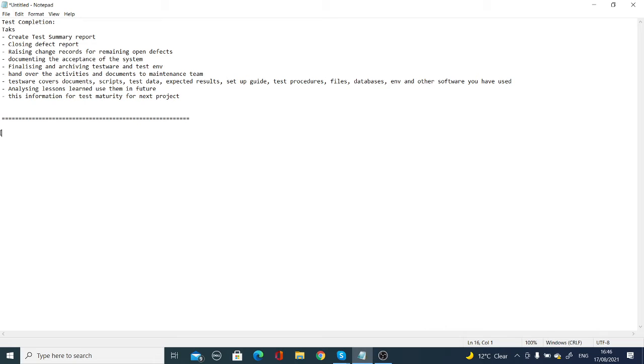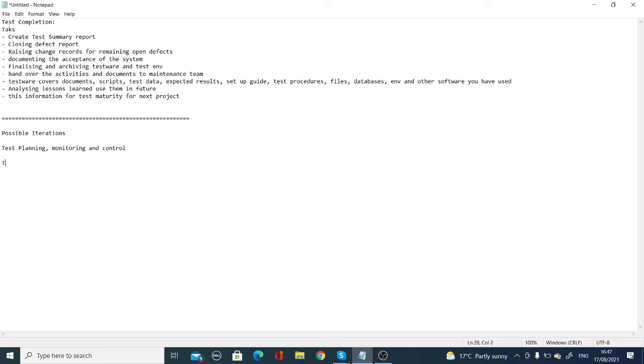Okay, so the next topic is possible iterations. Whenever you work in testing, we have talked about these phases. The first phase is test planning, monitoring, and control.